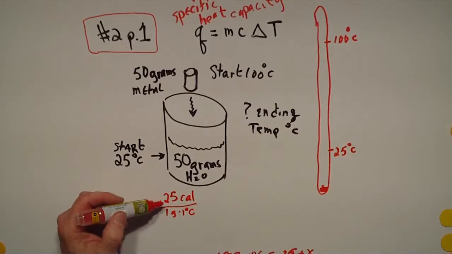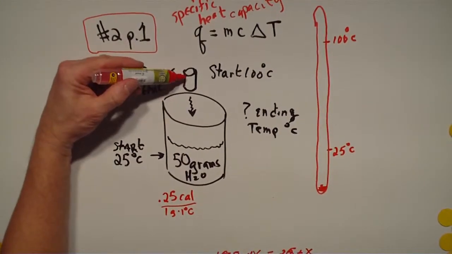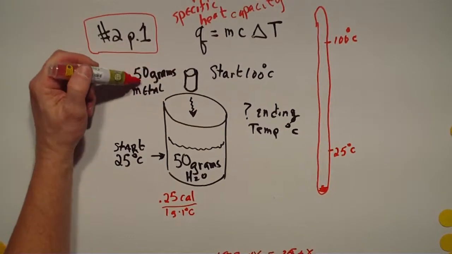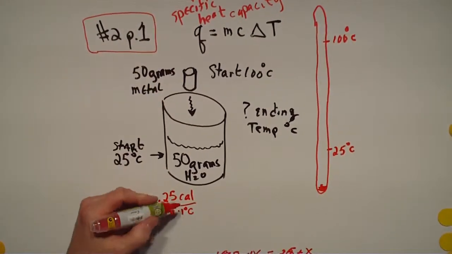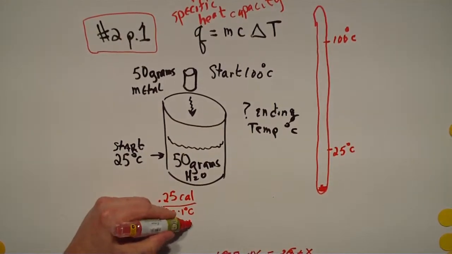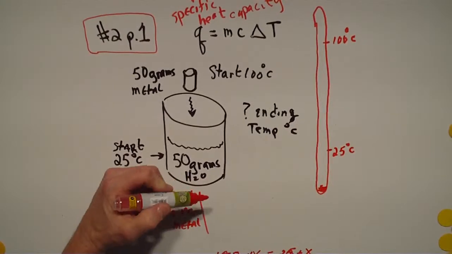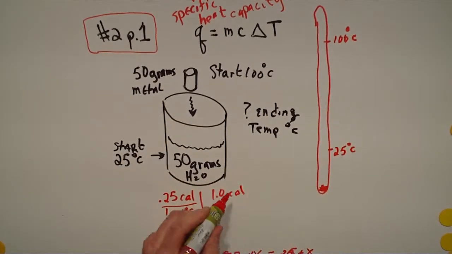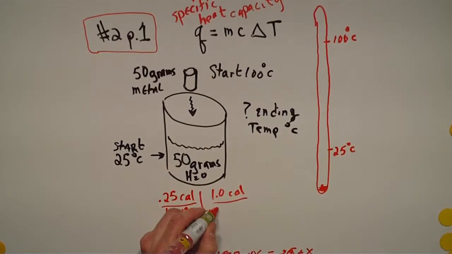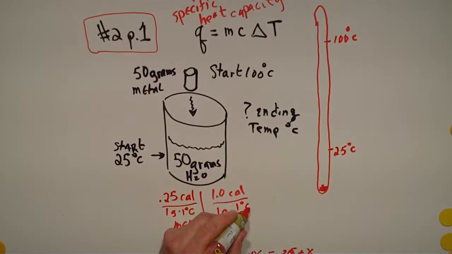So in other words, it takes 0.25 calories to change this metal per gram per 1 degree Celsius. That's for the metal. Now for water, we know it to be 1.0 calories per 1 gram of water per 1 degree Celsius.